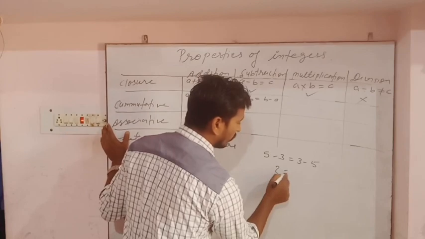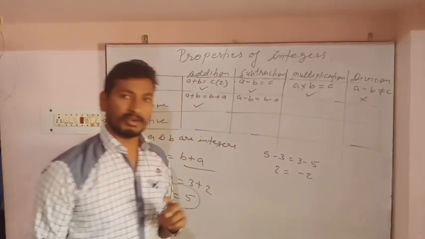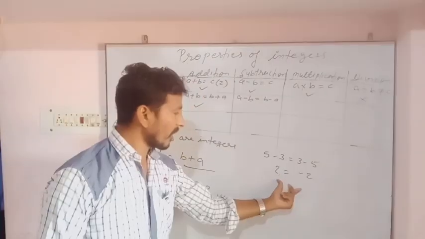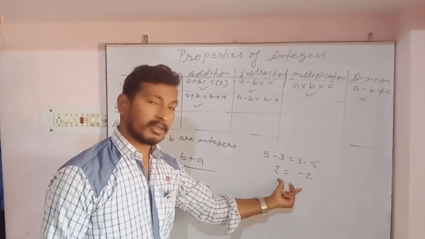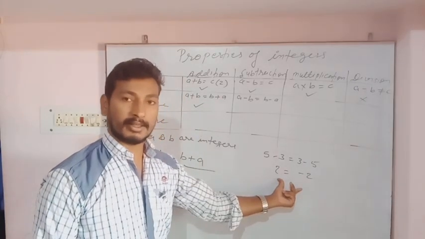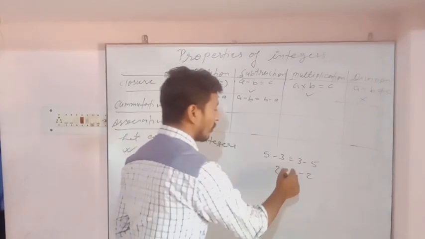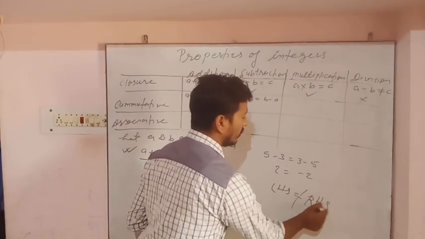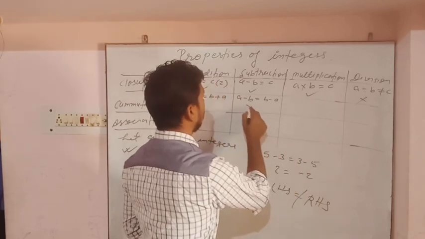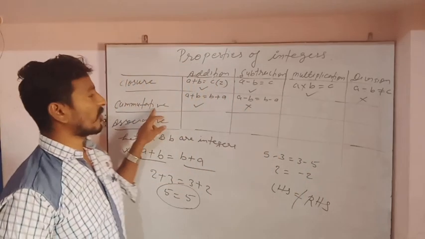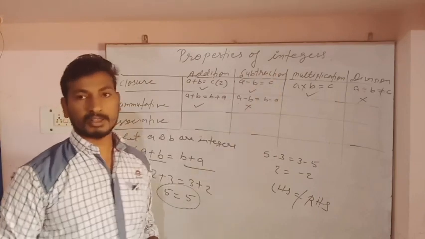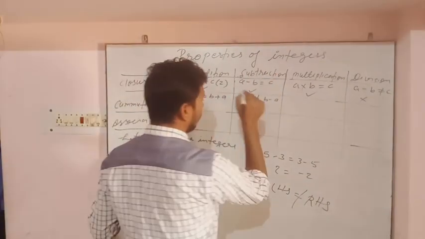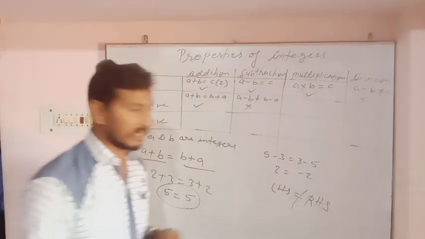Now 5 minus 3 is equal to 2, and 3 minus 5 is equal to minus 2. So are LHS and RHS both equal? No, both are not equal. LHS is not equal to RHS. So we can say that commutative property is not closed over subtraction. So a minus b is not equal to b minus a.